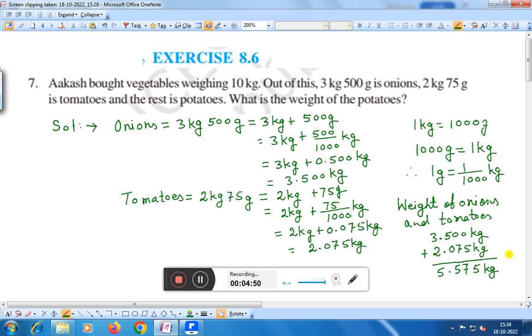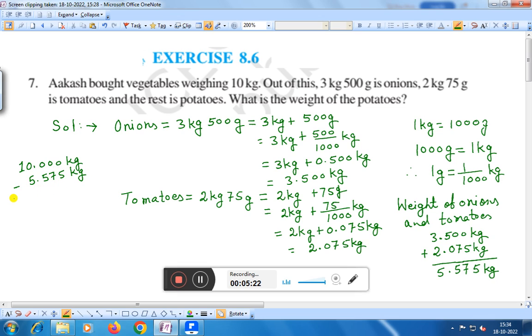And what is the total weight? The total weight is 10 kg. Then that means you have to subtract 5.575 kg from 10 kg. Therefore here we are subtracting 10 kg, which we can write as 10.000 kg, because after the point there is no value, minus 5.575 kg.